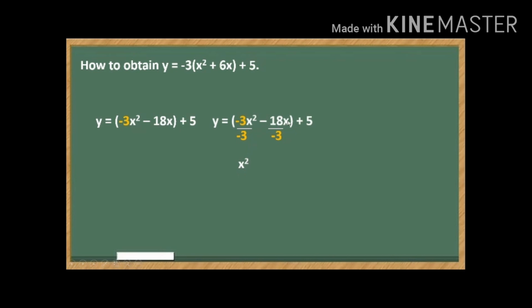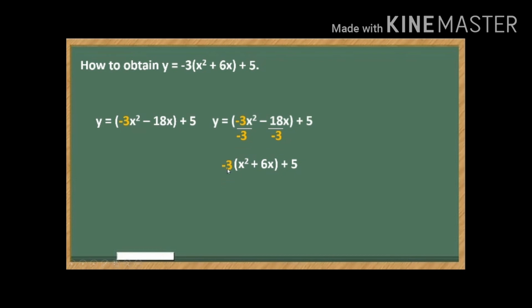Now negative 18x divided by negative 3 becomes positive 6x. So we have here x squared plus 6x, and then of course we use the parentheses, then plus 5, and this negative 3, our divisor, becomes our factor.